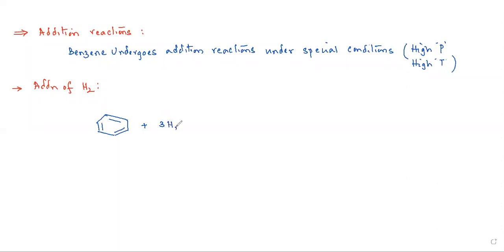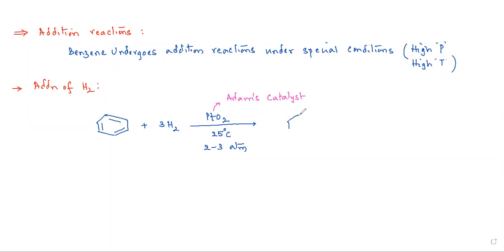Benzene with hydrogen in the presence of Adams catalyst. Okay. Say at a low temperature of 25 degrees centigrade and a pressure of 2 to 3 atmospheres.